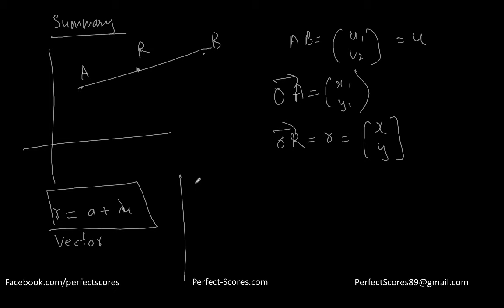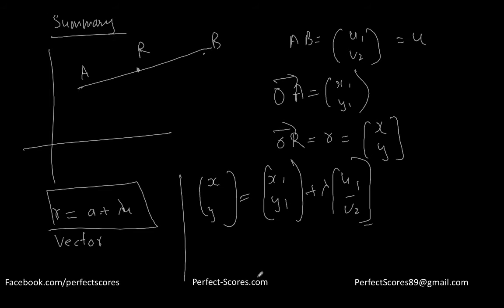And if I put that vector equation in terms of the vectors themselves, I can say that x and y is equal to x1 y1 plus lambda u1 u2, right?